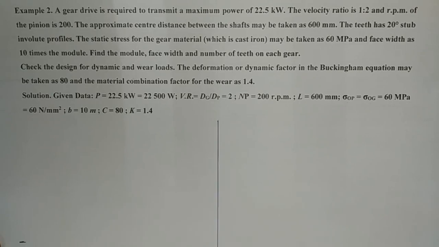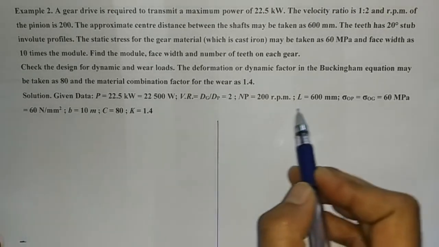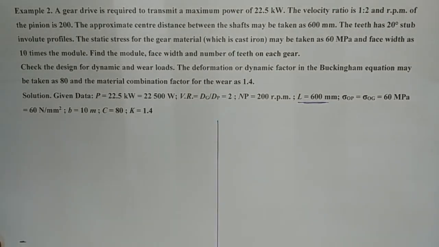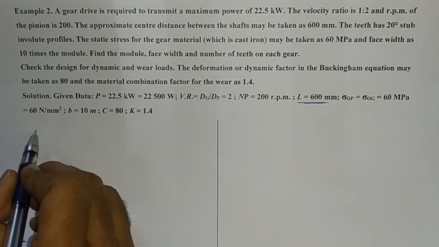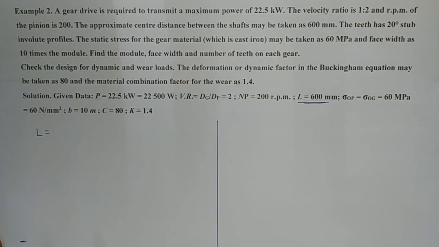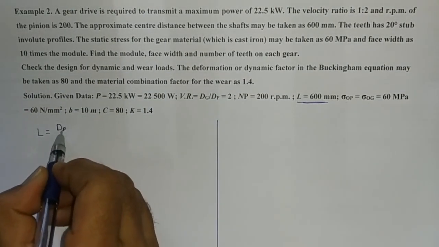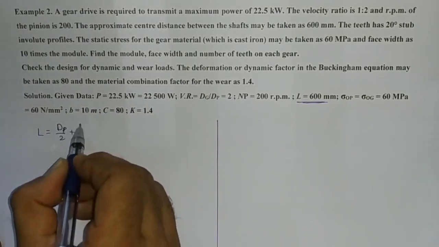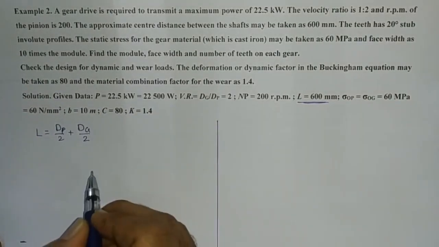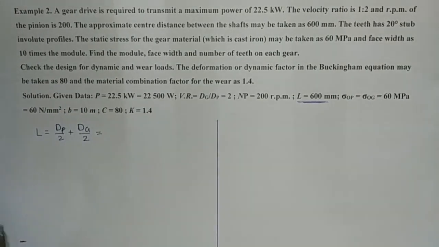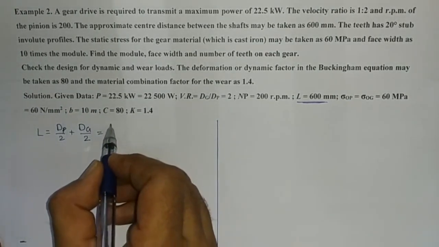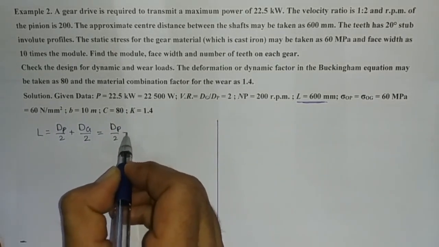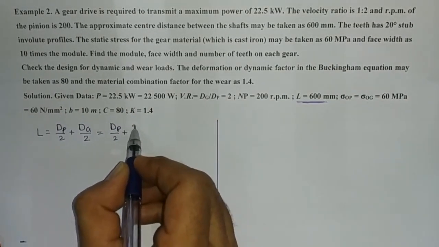Now first of all we have to find the pitch circle diameters dp and dg. M is the module, dp is the pitch circle diameter of pinion and dg is the pitch circle diameter of gear. Now we know that the center distance between the shafts, that is L, is given and is equal to 600 mm. So center distance L is equal to dp by 2 plus dg by 2. Now the velocity ratio is equal to 2, so dg is equal to 2 dp.